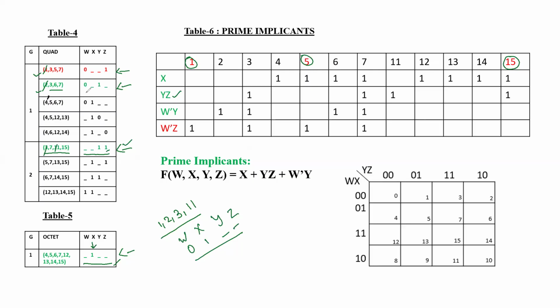So W will be written as W dash and Y will be written as Y. Similarly, the last one we have that is giving the min term 1. So here we have 0, underscore, underscore, 1. So this 0 will be written as the W dash and this 1 will be written as the Z. So we have written W dash Z.